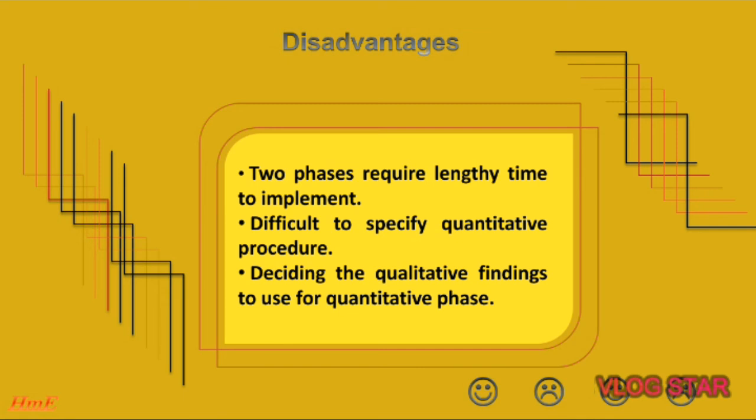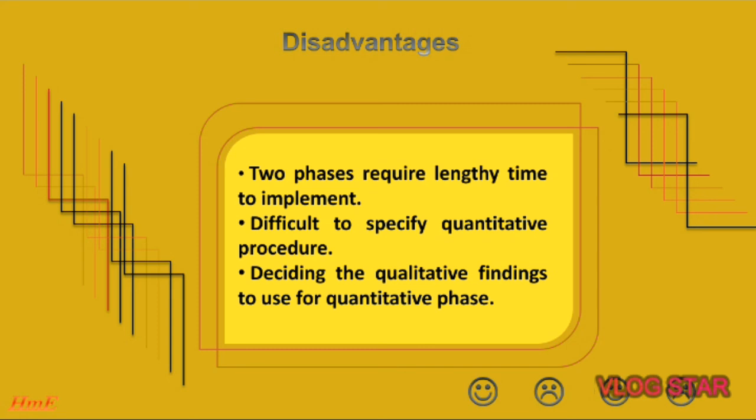Then the disadvantages. Two phases require lengthy time to implement. As you all know, two phases are used in this type of method, so it needs more time to implement and conclude a research when the mixed method is used than single method research. Secondly, difficult to specify quantitative procedure. When the researcher is using the exploratory sequential design, the whole research is based on the qualitative data.